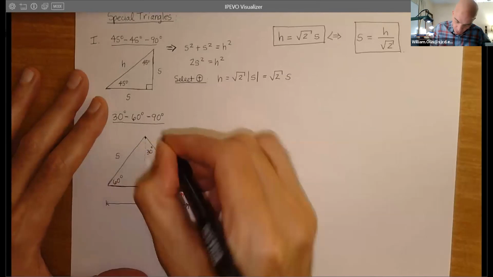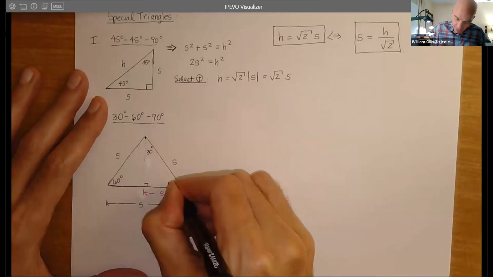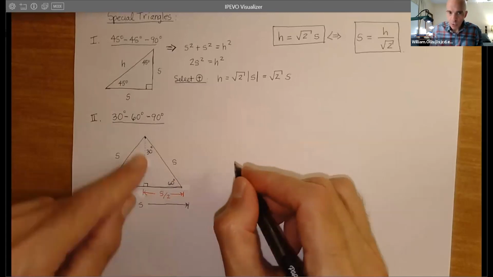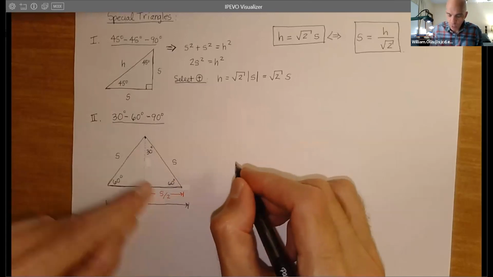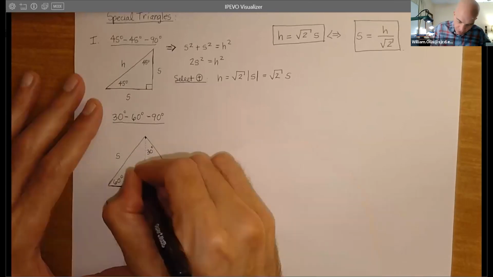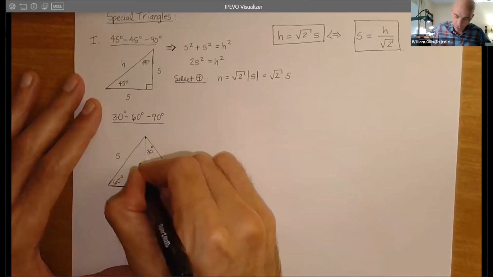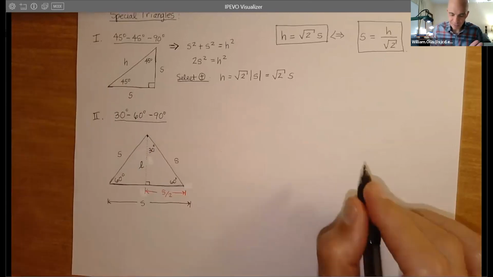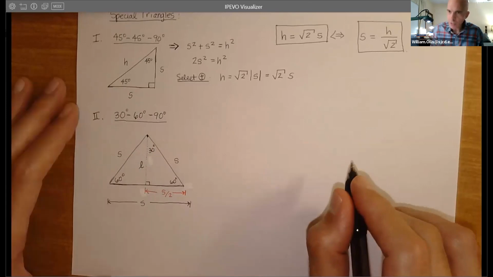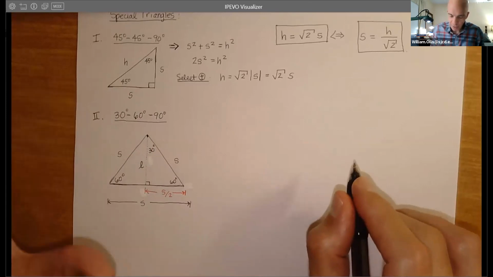This is 60 degrees. And so we're going to have the shorter side opposite the smaller angle. And we usually refer to the side opposite the larger angle as L. So let me call this L for longer side. That's a little bit confusing to call it H, even though H is fine for height of the triangle.